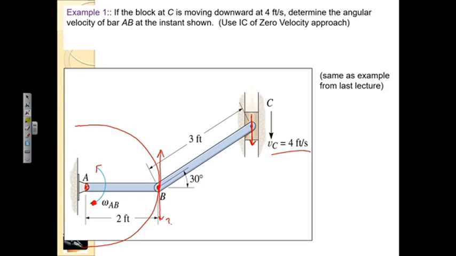So I can see the velocity of C, use my rules. I draw a perpendicular line, looking for my IC. It has to lie on that. And then I do the same thing for B, and I say, hey, perpendicular line.